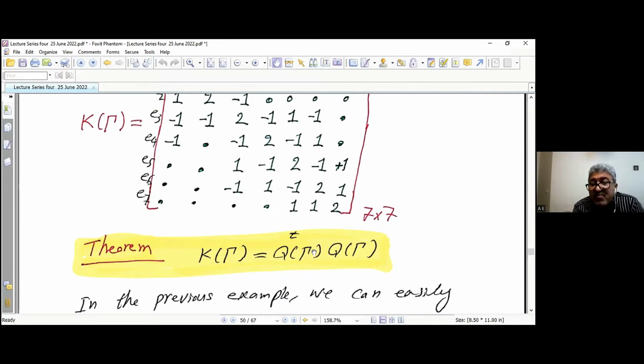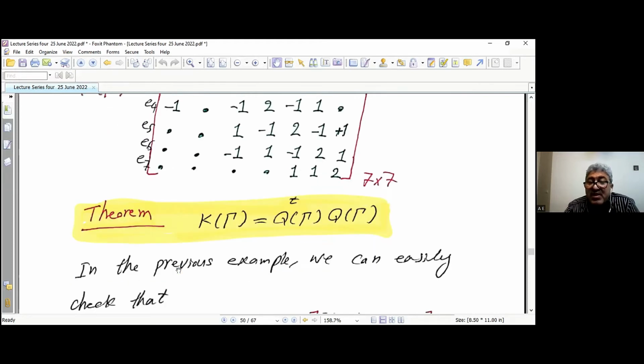The size of the transpose of the incidence matrix of gamma is m times n, because we have m edges and n vertices, and the incidence matrix is n times m. So the multiplication of these two matrices is an m times m matrix, as in the definition of the H Laplacian matrix.